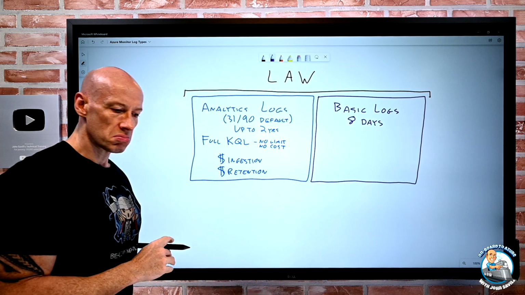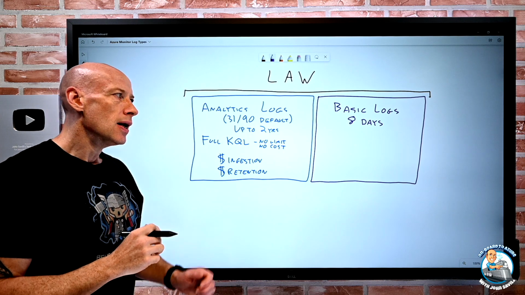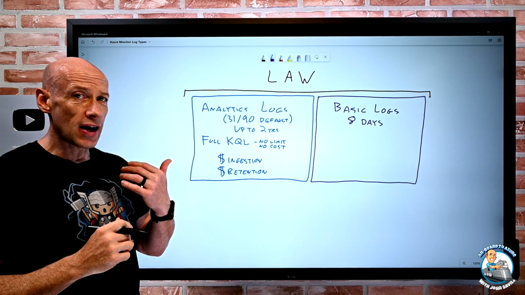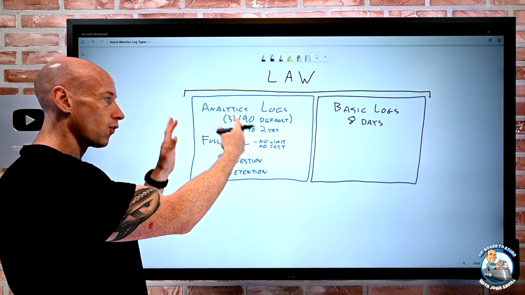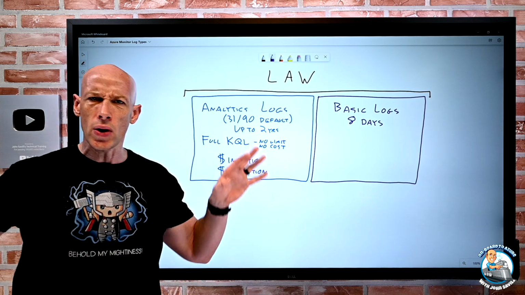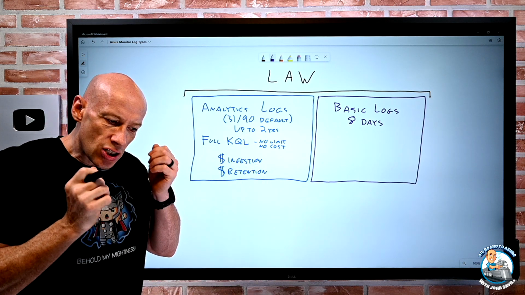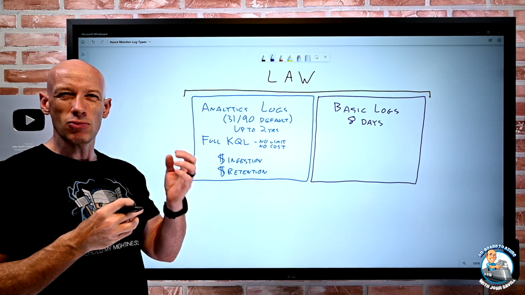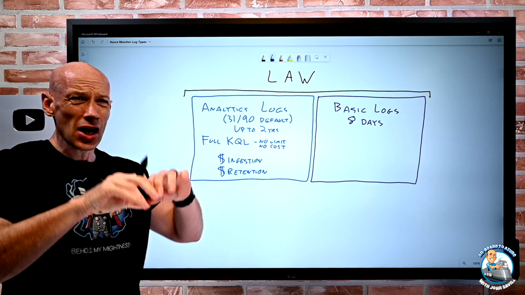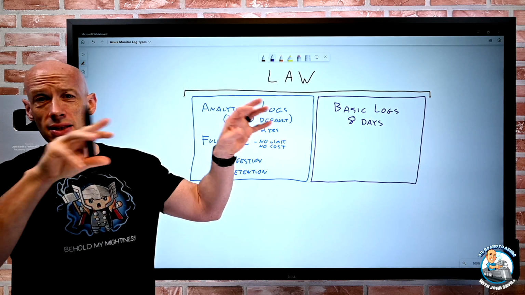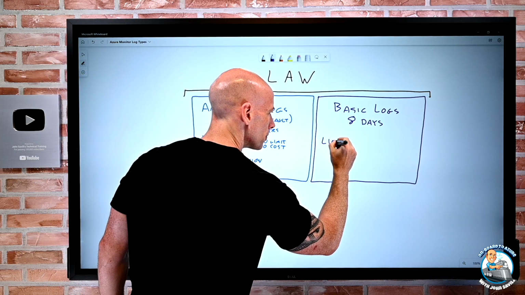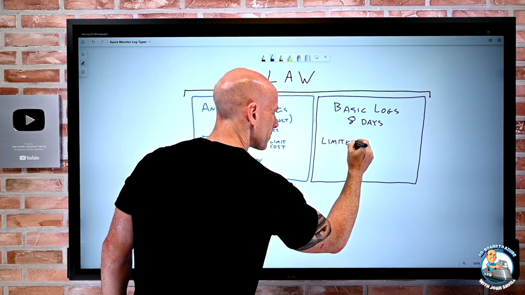No more, no less. I have a limited set of the KQL available to me. So I don't have the full set of KQL where I can do joins across tables. It's a much simplified version. Again, it's designed for some debugging, some troubleshooting. I don't need to be able to do joins across different tables. So I have a limited KQL.